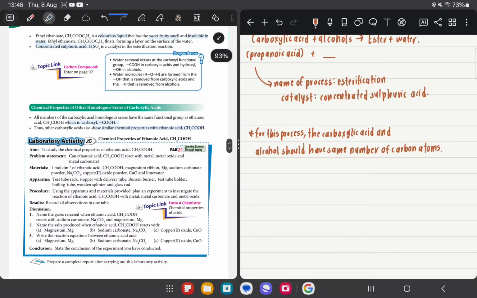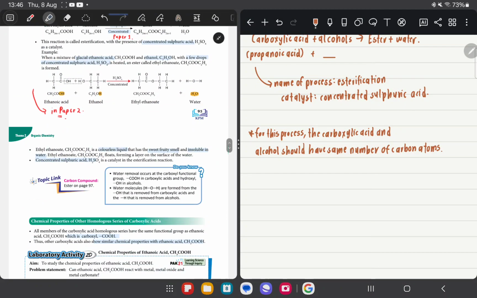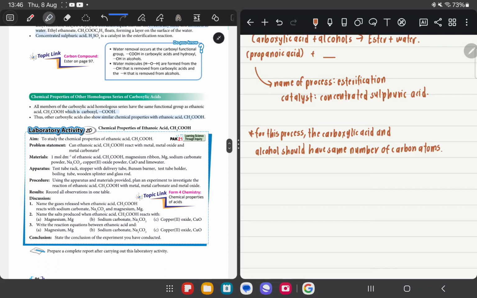Okay, but tak apa. What I want you to do is, for this video nanti, tengok how this chemical equation works. Saya akan terang about this chemical equation and laboratory activity 2D ni lah. Because this laboratory activity can be categorized as a simple experiment. Mungkin boleh ditanya dalam paper amali, who knows. Dia melibatkan pemanasan, right?